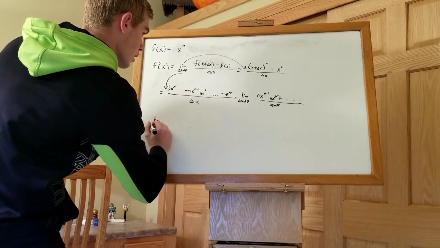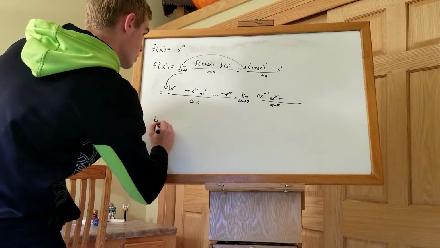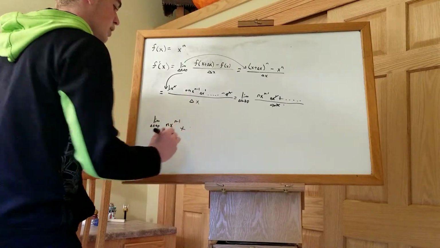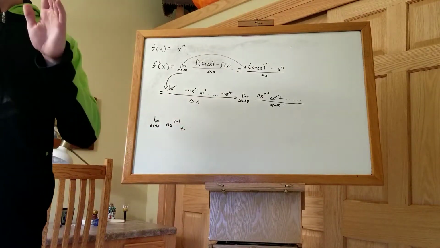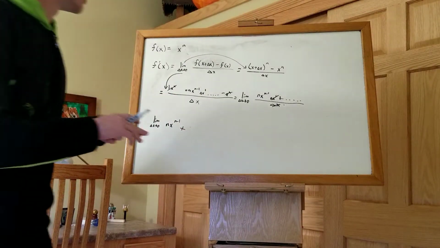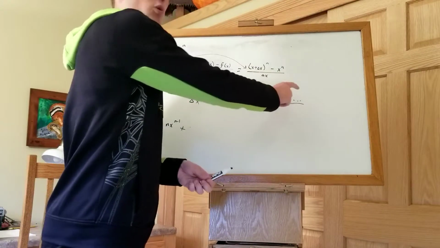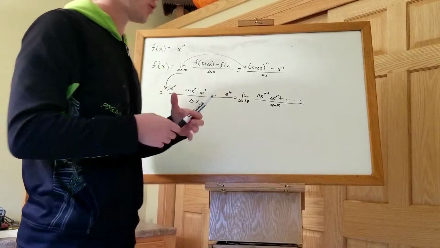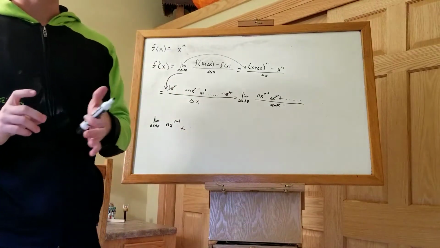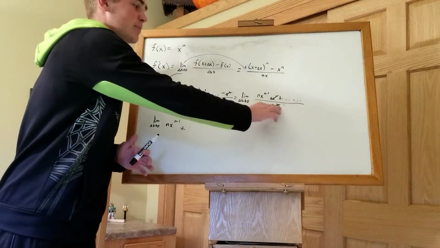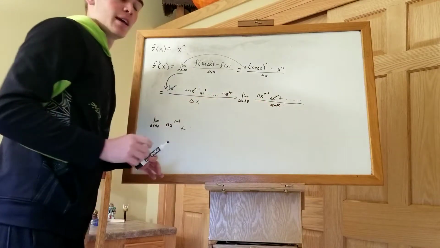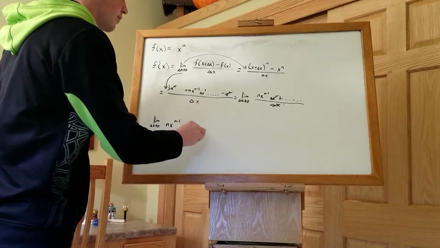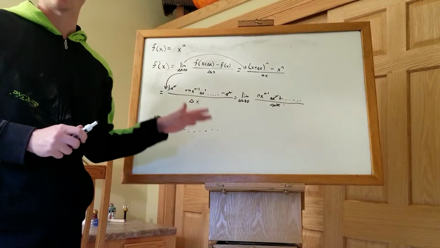So we have the limit of delta x approaches 0, n x to the n minus 1, plus a whole bunch of other terms. And the really important thing is, since this next term had delta x squared, and the next term had delta x cubed, and the next one delta x to the fourth, all the way until delta x to the n, when you just divide it by a singular delta x, every single one of these terms for the rest of the sequence is still going to have a delta x in it.